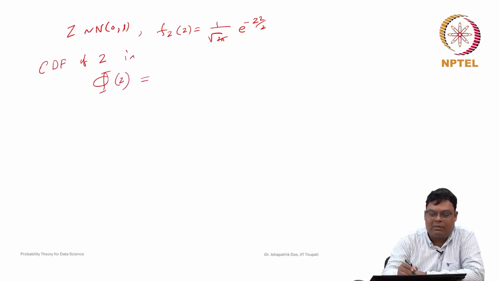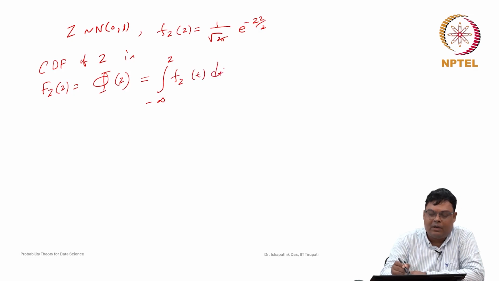We use phi z because it is a special distribution. Phi z is the integral from minus infinity to z of f z t dt, which is 1 by root 2 pi e to the power of minus t square by 2 dt.